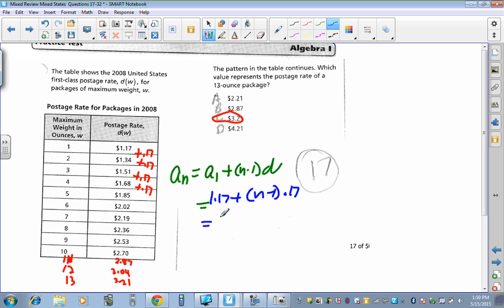So you could do $1.17 plus n, and we're looking for the 13th one, so 13 minus 1 times 0.17. Let's put that in the calculator.